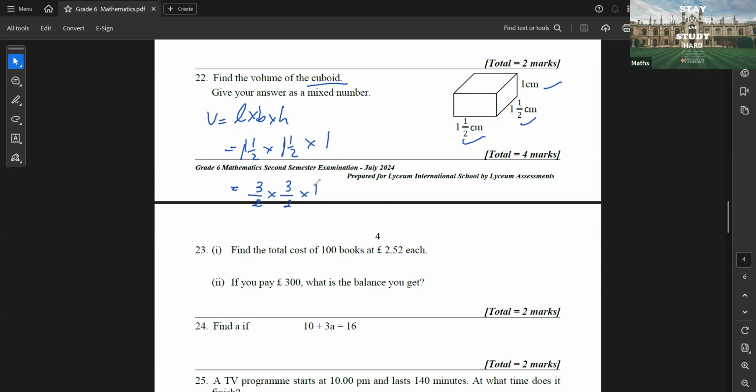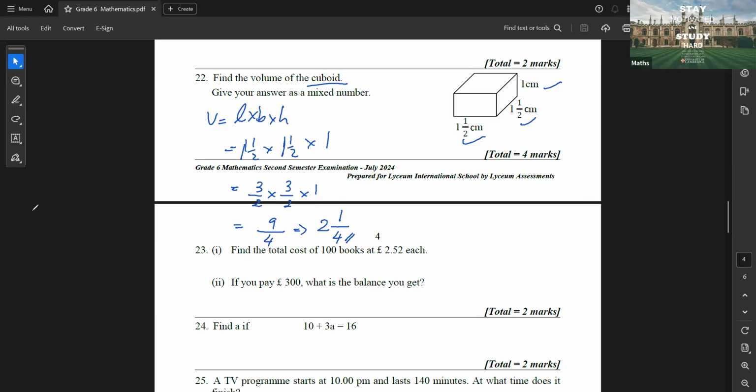So 3 times 3 into 1 is how much? 9. 2 times 2 is 4. So you can make it into a mixed number again. Here 4 is down, so it won't change. For 9, you go 4 times 2, which is 8. The remainder is 1, so it's 2 and 1 over 4.